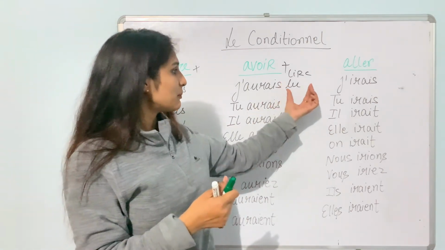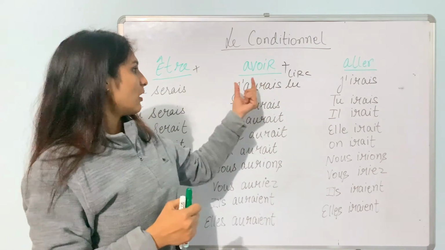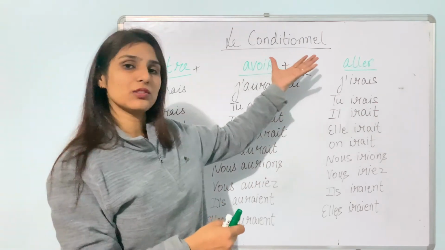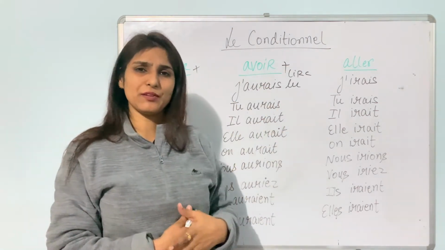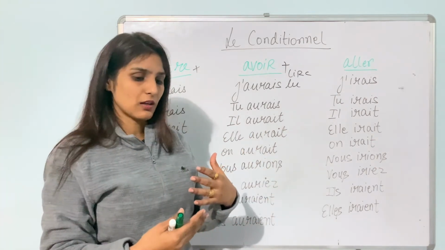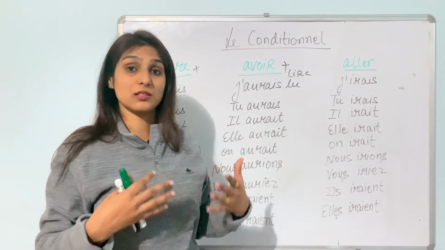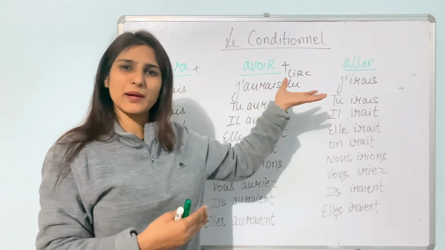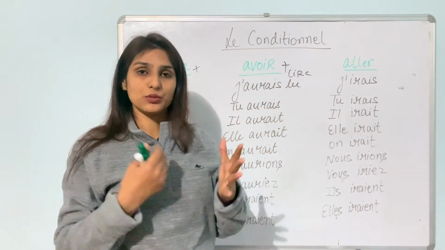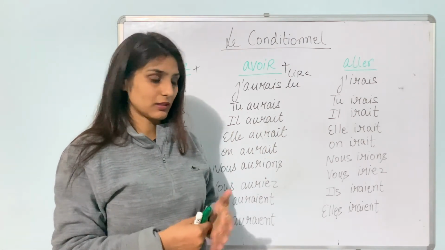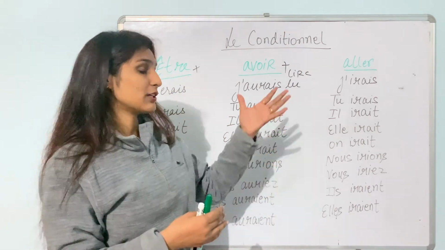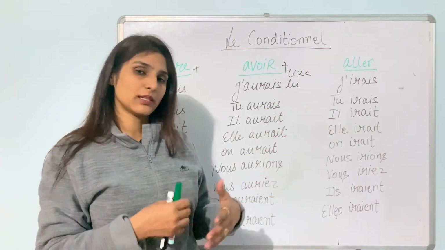So you just add the past participle form with your être and aller conjugation in your past formation for your conditional tense. That we will make a separate video next time, but for this instant you could just have a hint, so that if you are doing conditional tense, you are also seeing how there could be a past participle form with your aurait and with your serait. So you see these kind of verbs by the side of your conjugation you have done, but that is passé of your conditional. We will make a video on that too, but later on.